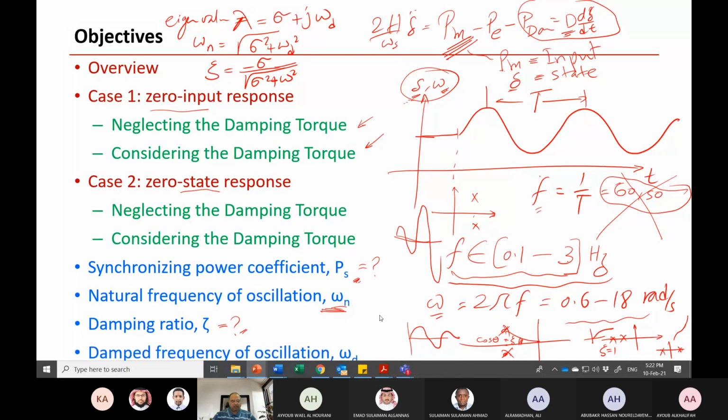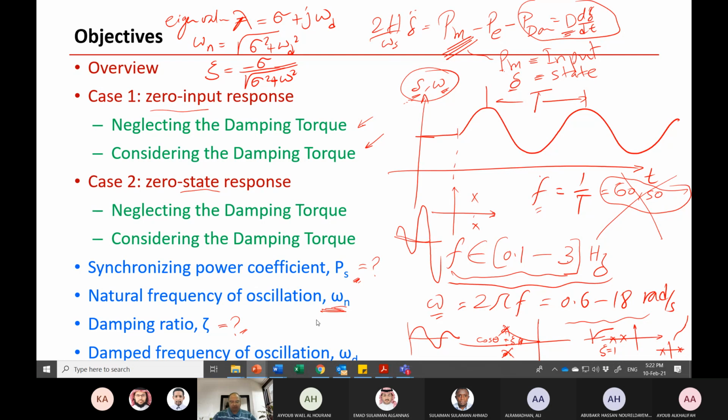And we will define these time domain specifications for the time response. We will define what we call synchronizing power or torque coefficient, and also the natural frequency of oscillation, damping ratio of the response of the system, damped frequency of oscillation, which is omega d, natural and damped frequency.